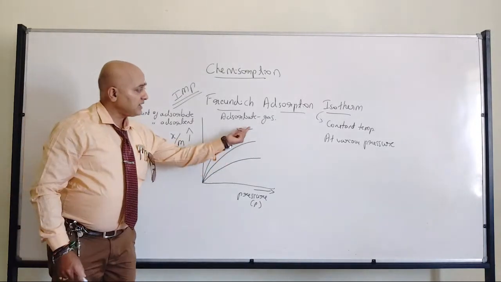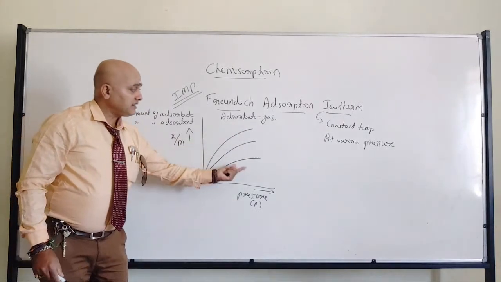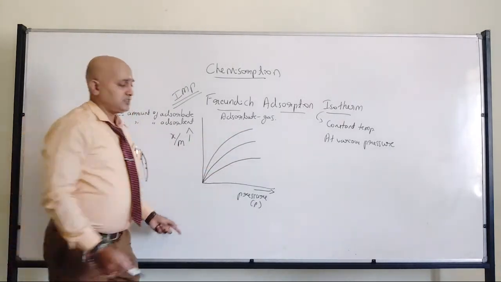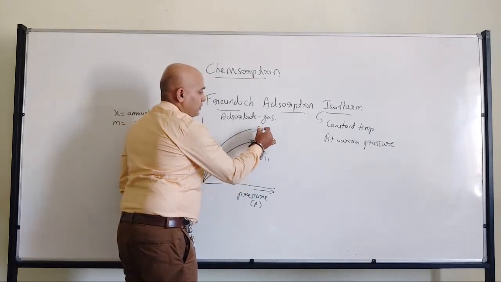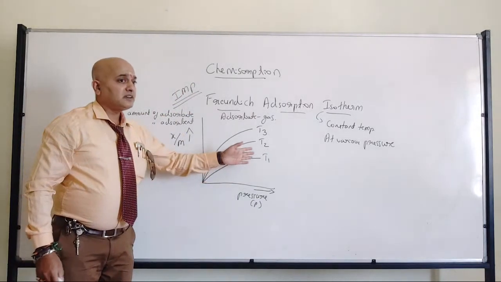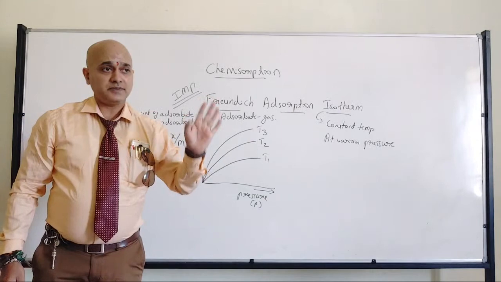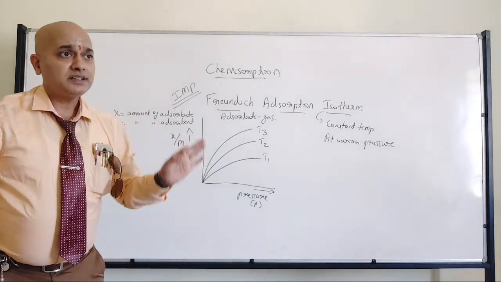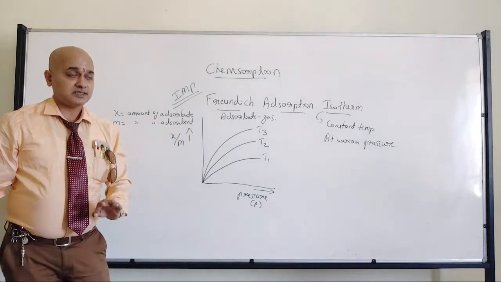Now why are we getting three graphs? Because it has been done at three different temperatures, that is T1, T2 and T3. What are T1, T2, T3? They are the temperatures.